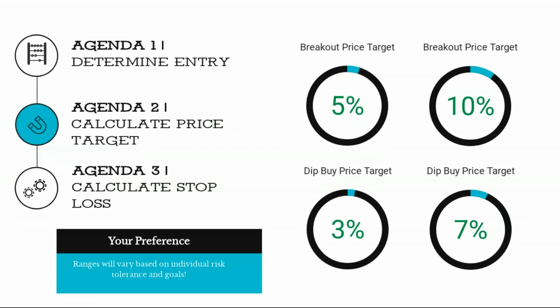So when you're calculating the price target, there's a standard range on price targets, as well as stop losses, that I like to go by if we're talking about personal percentage goals. Again, I want to note that this is your preference, and the ranges will vary based on your individual risk tolerance and your personal goals, depending on an intraday trade basis.